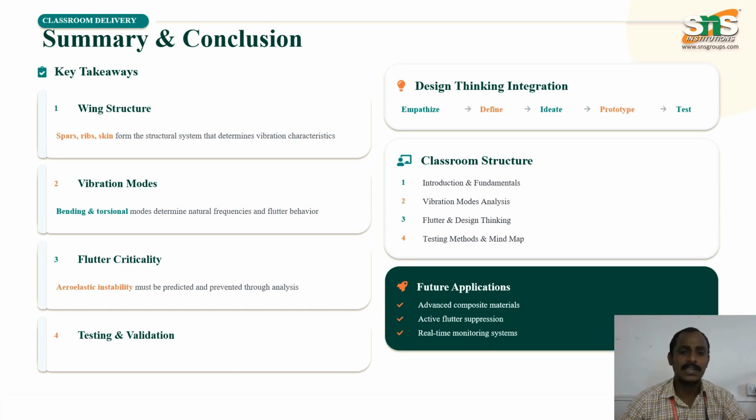By integrating design thinking principles, engineers develop innovative solutions for vibration control and structural optimization. Further development includes advanced composite materials, active flutter suppression technology, and real-time structural health monitoring systems. Understanding aircraft wing vibration is fundamental to designing safer, lighter, and more efficient aerospace vehicles.